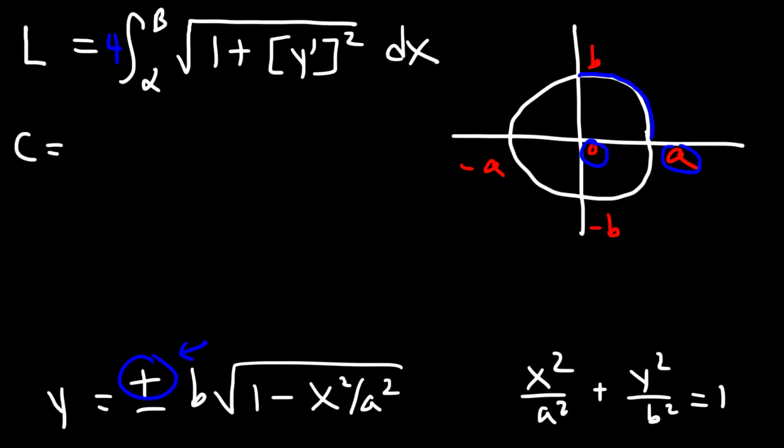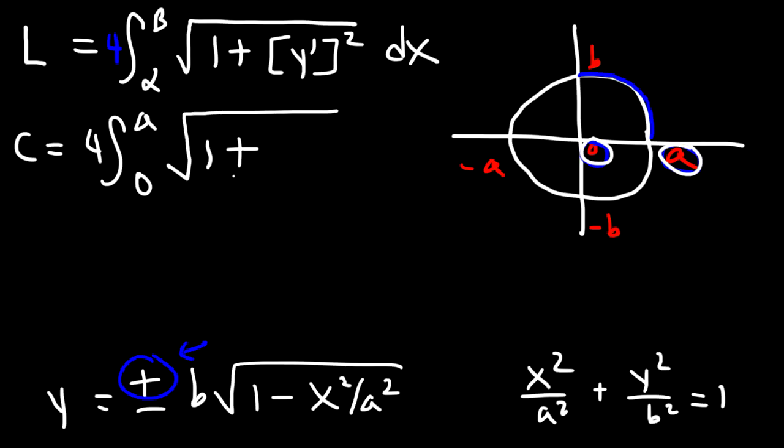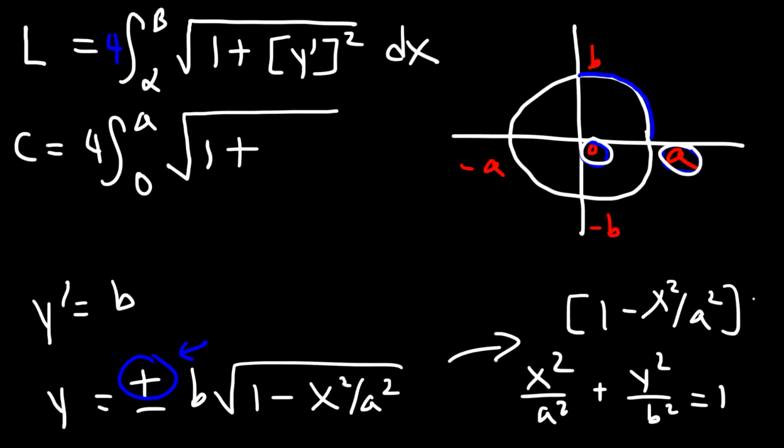So the circumference is going to be 4 times the integral from 0 to a, square root 1 plus. Now we need to find y prime from this equation. So y prime is going to be b times the square root of this. I'm going to rewrite it as 1 minus x squared over a squared, raised to the 1/2.